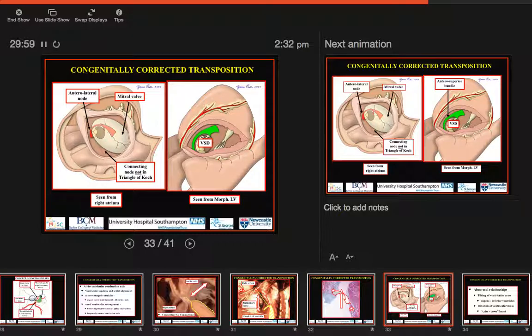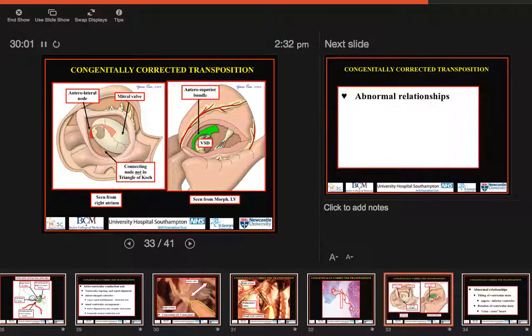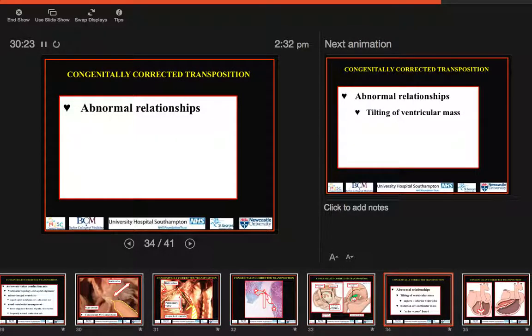There is the VSD if present, and the anterosuperior bundle extends through that area of mitral to pulmonary fibrous continuity. And that long bundle is particularly prone to fibrosis, and that is why we get progressive heart block, as I'm sure we will hear very shortly.